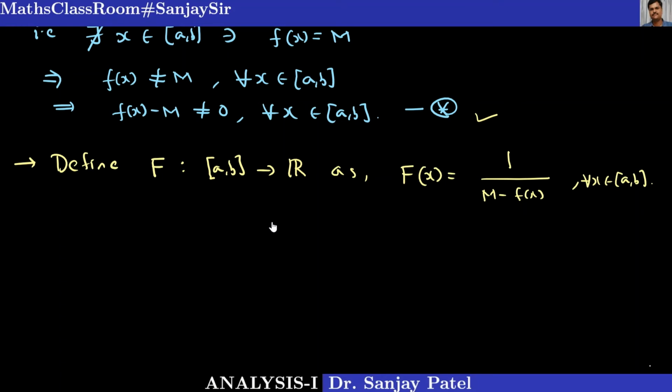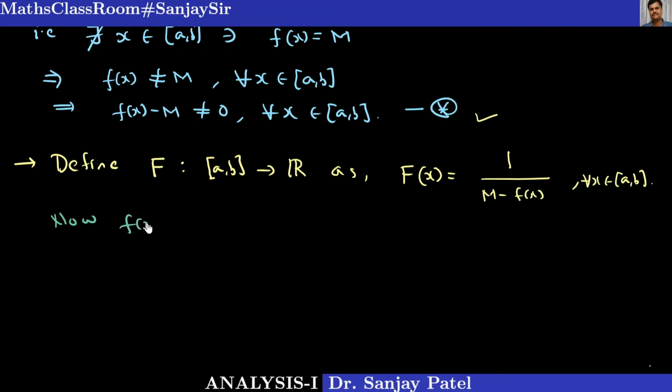Now this M is a constant. This function small f of x is given as a continuous function in our hypothesis. It is continuous on closed interval AB, and capital M, being a constant function, is also continuous. So M minus f of x is continuous. So its reciprocal, that is 1 upon M minus f of x, is also continuous, and hence I can conclude the function capital F of x is also continuous.